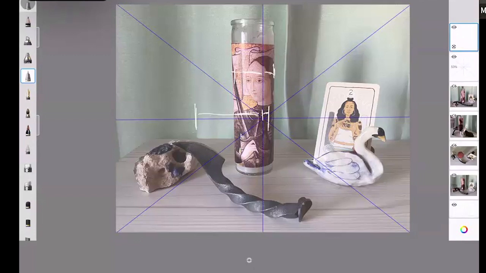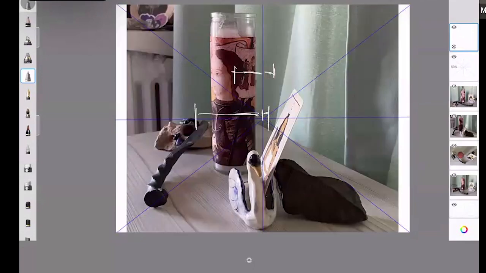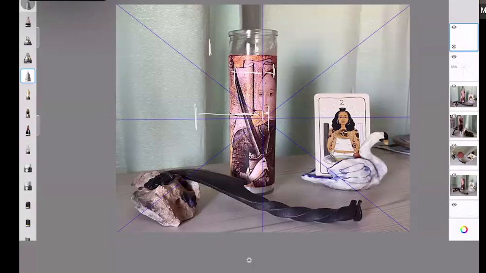As we start to move around the still life, we can see how all these distances change. Now the candle isn't near the center if we divide the frame. And so the thing to recognize there is that if you get the location of the candle even slightly wrong, then you're changing the point of view that you're drawing from.